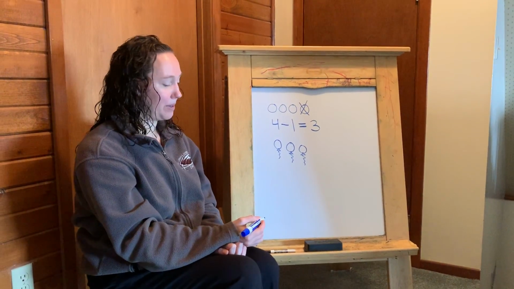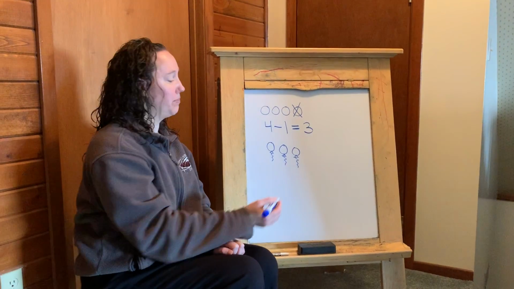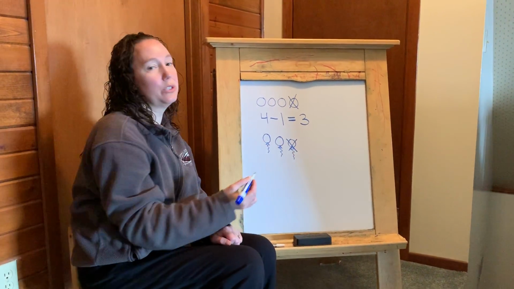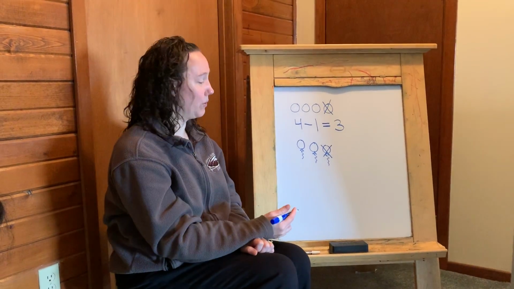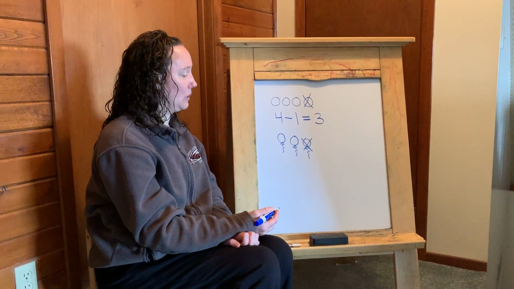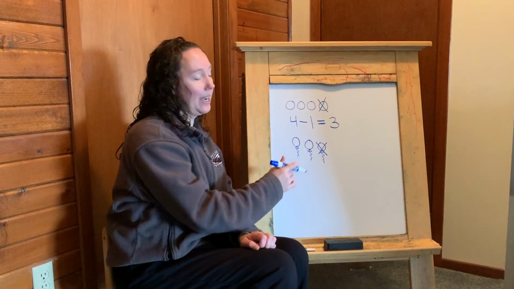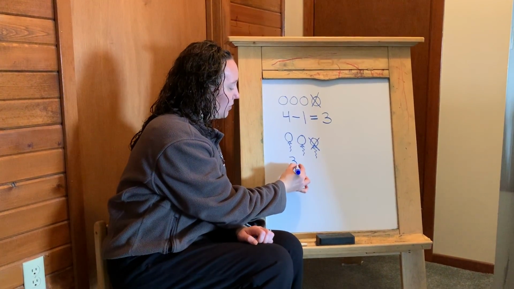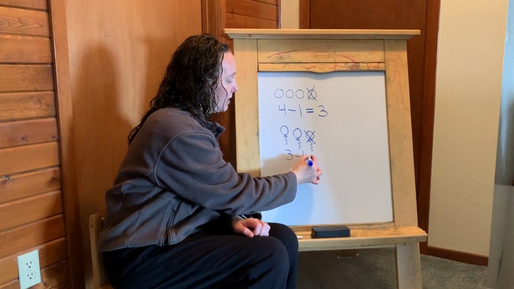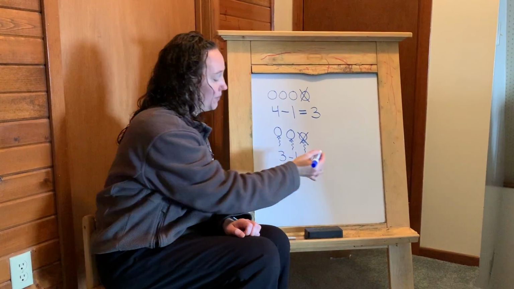And if I go back to my problem, it said 1 balloon popped. So I'm going to cross off 1 balloon because it's no longer there. It popped and got broken. And it wants to know how many balloons are left. I can look and count and I see 2 balloons. When I write it out, I would write 3 minus 1 equals 2.